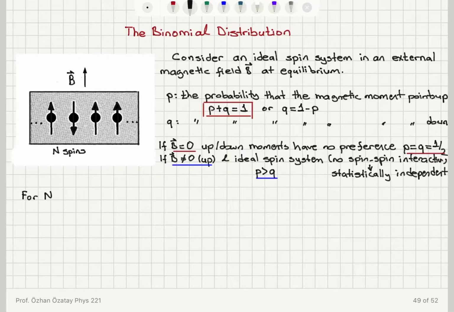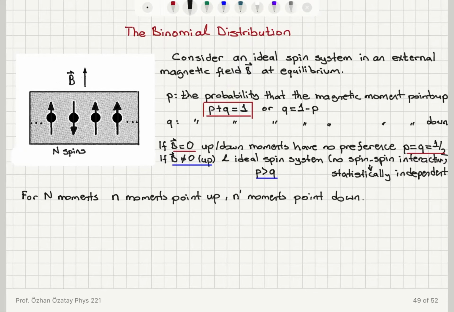Okay, so let's say that for a total of N spins, or N moments, lowercase letter n moments point up and n prime moments point down.